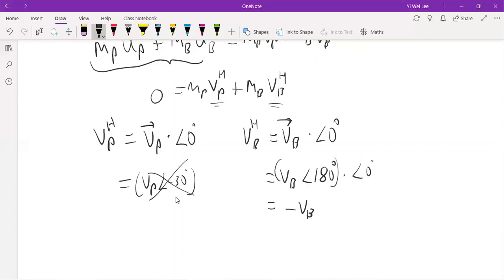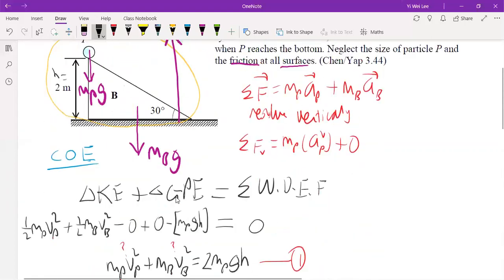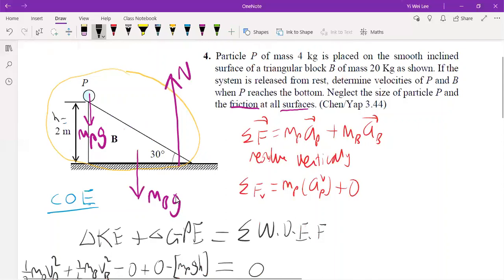VP is only at negative 30 degrees if the block is not moving. If the block is not moving, yes, the velocity of P is negative 30 degrees. But if the block is moving this way, P might actually be going in some other direction, maybe in this position. So it just curves downwards in a motion like this.